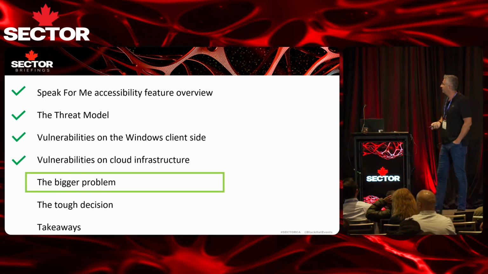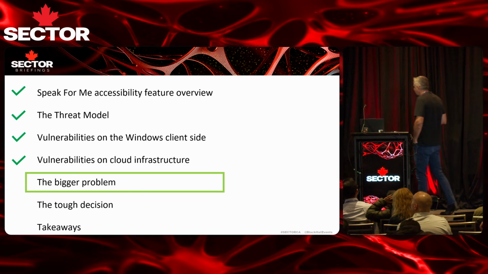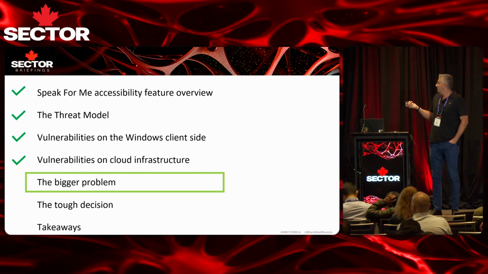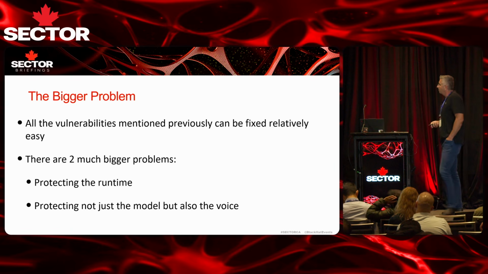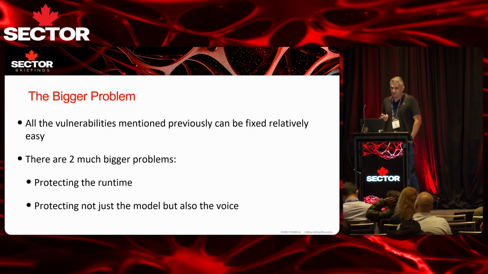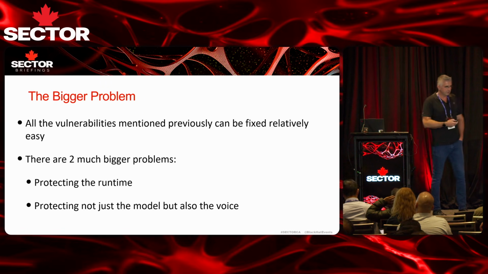Many teams in Microsoft go through security review, and teams like mine advise on how to fix security issues. But there was also a bigger problem. So let's talk about two bigger issues with this project.